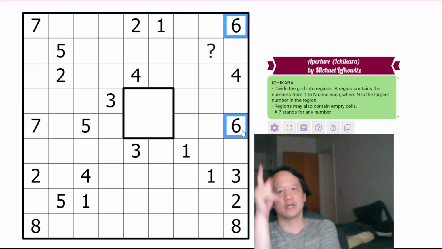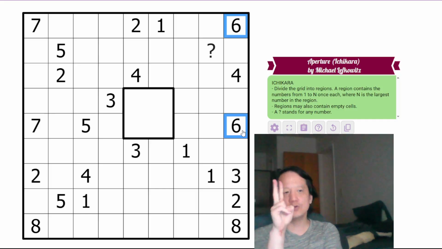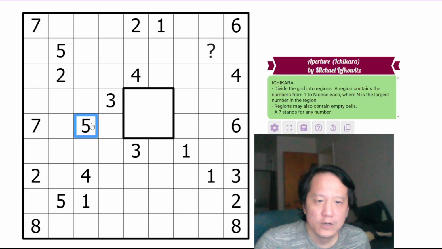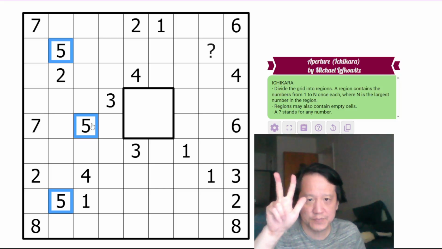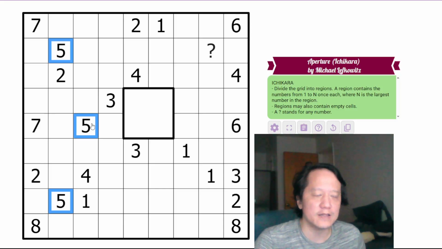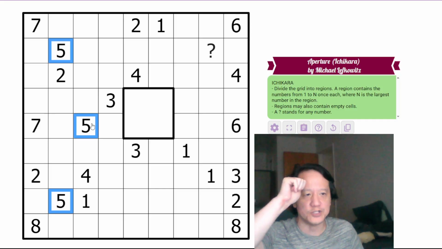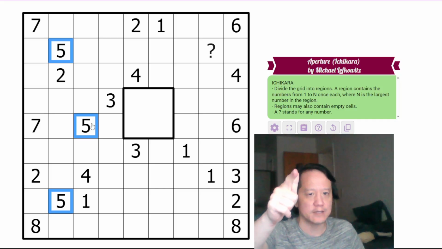That means we are guaranteed there are 2 regions that must have 8 as the largest number, at least. You could have another one having 9 as the largest number also. We have 3 5s, so that means at least one region. So we have 2 regions, obviously, which require the digits 1 through 8, at least.